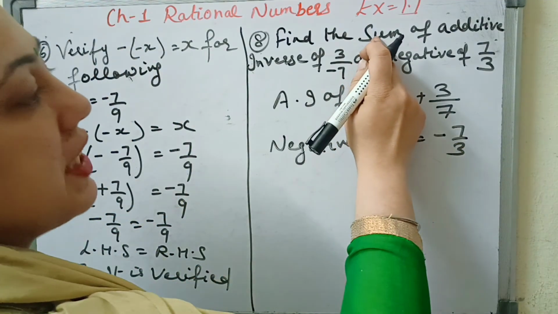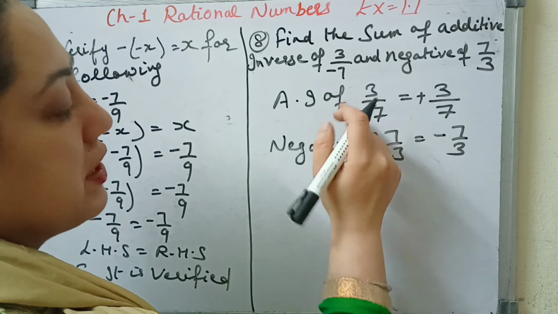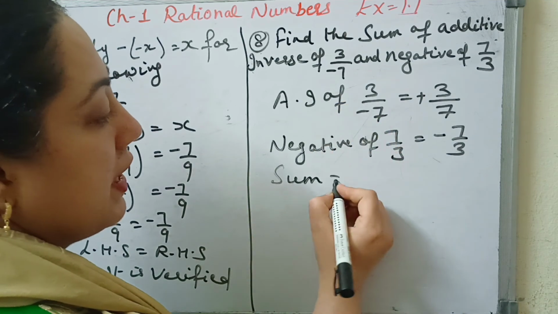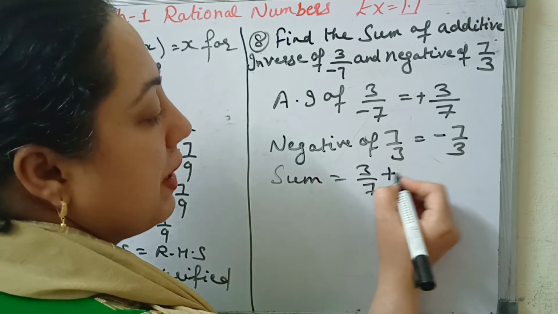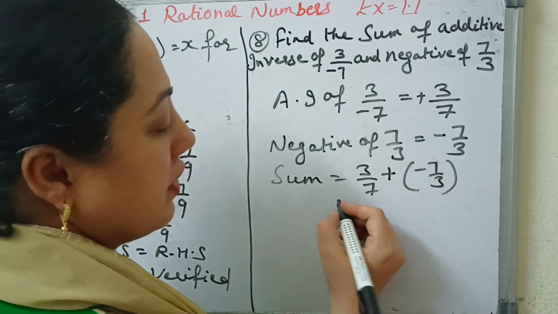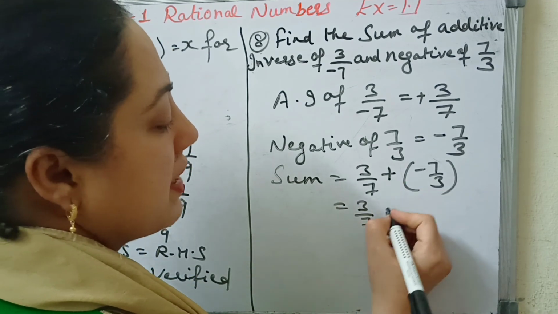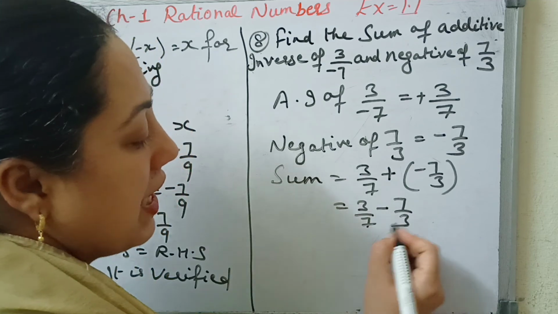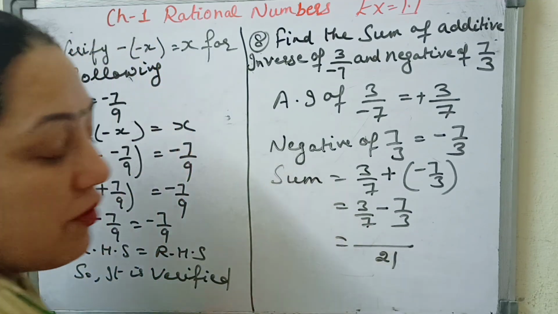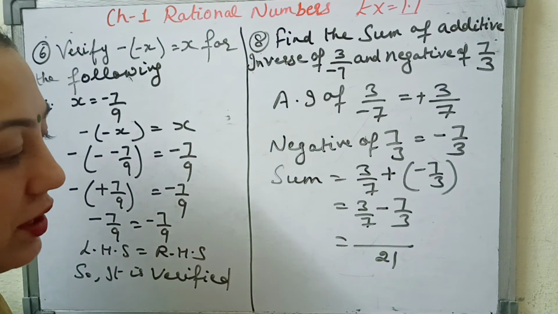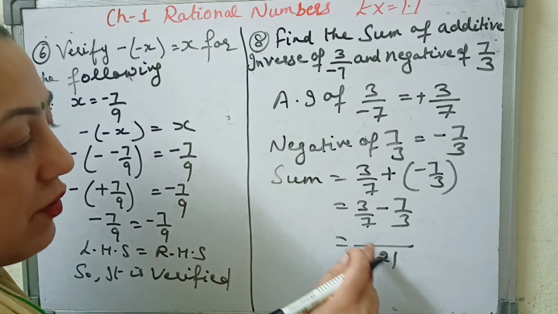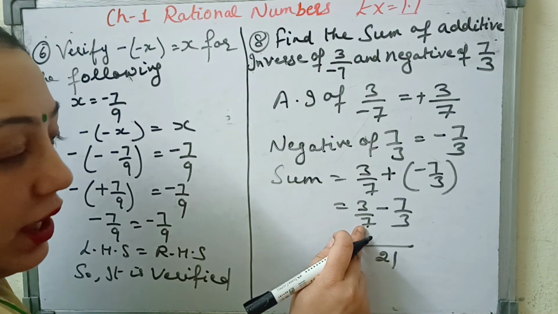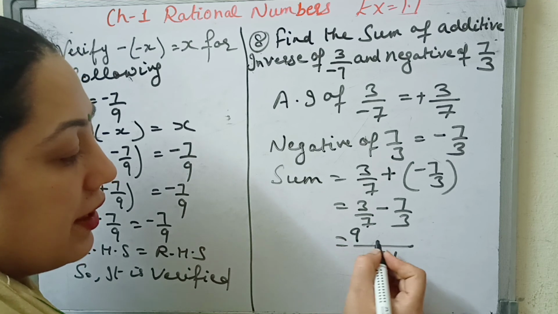Now, according to the statement, we have to do the sum of these two terms. Sum is 3 over 7 plus minus 7 over 3. And everybody knows plus minus is minus. LCM of 7 and 3 is 21. Again, we follow the same steps. That is 21 divided by 7, we will get 3. 3 3s are 9 here.